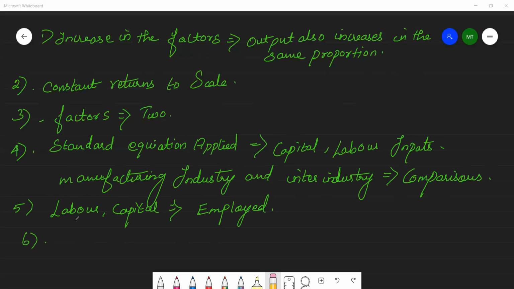Sixth, labor contributes 3/4 of production and capital contributes 1/4 of production.